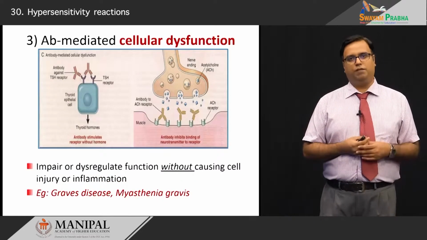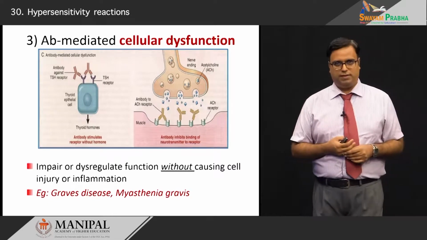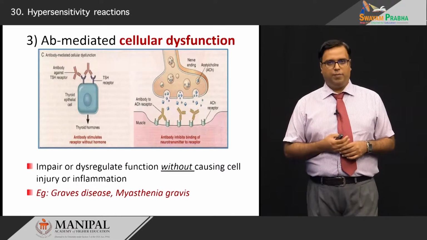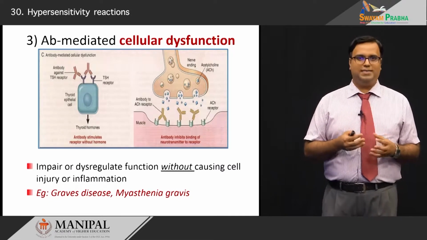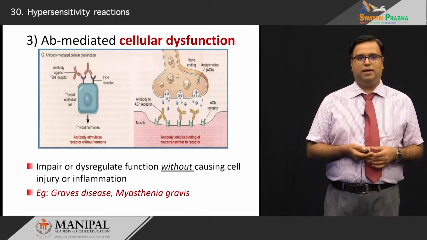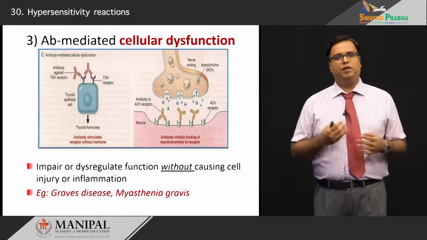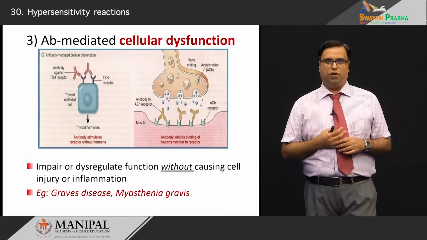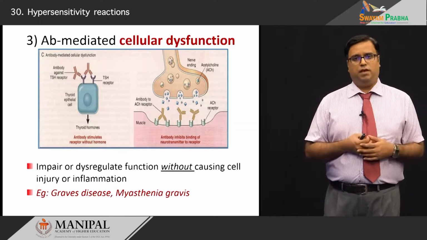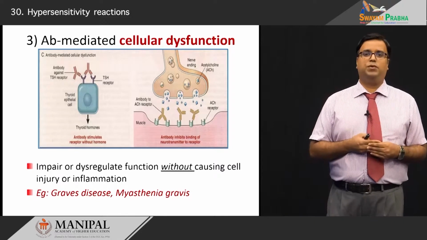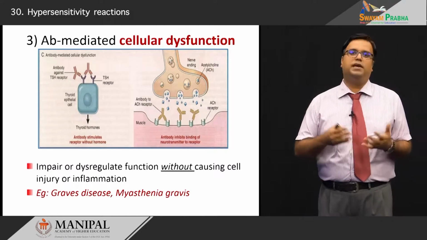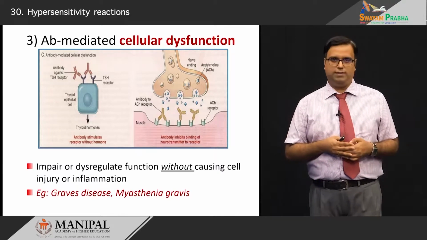The third wing of this is cellular interference, which is again antibody dependent, but the underlying pathology is dissimilar. In the sense, we will take the example on the left side of your screen, which is an example for hyperthyroidism or Graves' disease. We see that there are antibodies which are mounted against your TSH receptors on epithelial cells of the thyroid follicles.